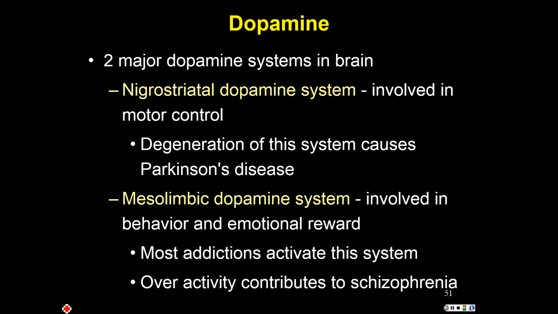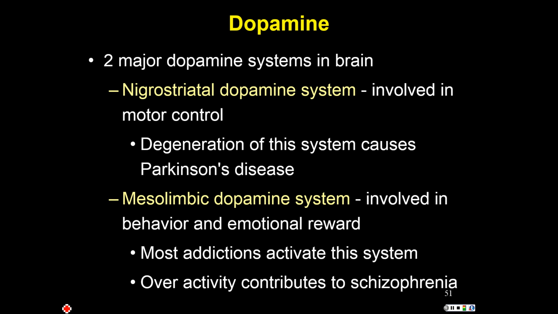If we look at another neurotransmitter in the central nervous system called dopamine, dopamine is a widely used neurotransmitter in the brain, and we have two primary systems in our brain that utilize dopamine. One is called the nigrostriatal dopamine system, and the other is called the mesolimbic dopamine system.